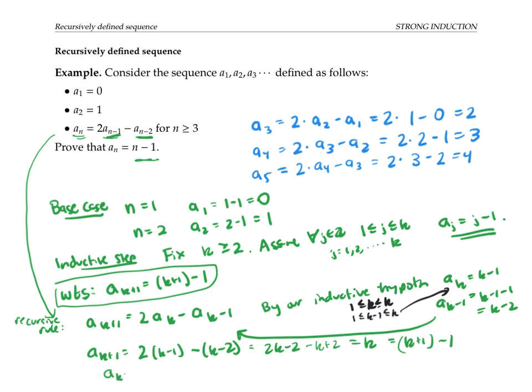So we have that a_(k+1) is (k+1) minus 1, which is exactly our statement we have to prove for the case of n equals k+1. So this proves our inductive step, and therefore a_n equals n minus 1 for all n that are positive integers.